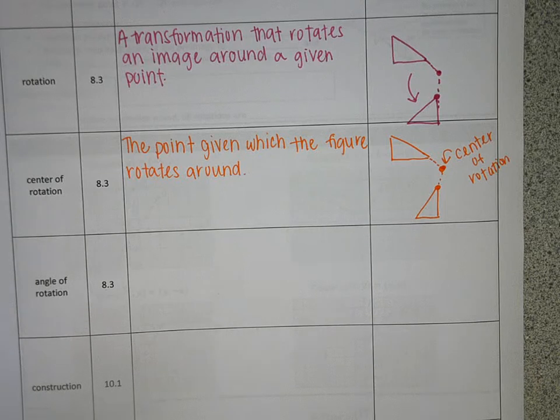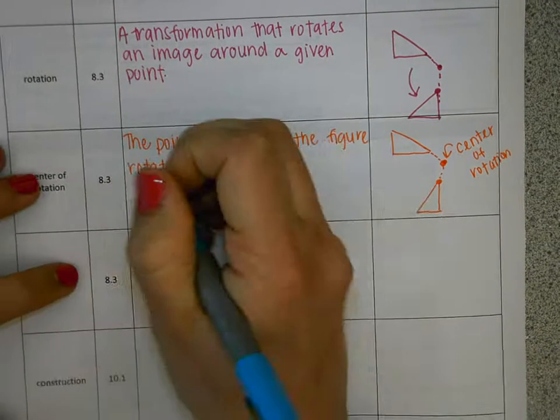Okay. But then we also have the angle of rotation. And the angle of rotation is the number of degrees the figure rotates.